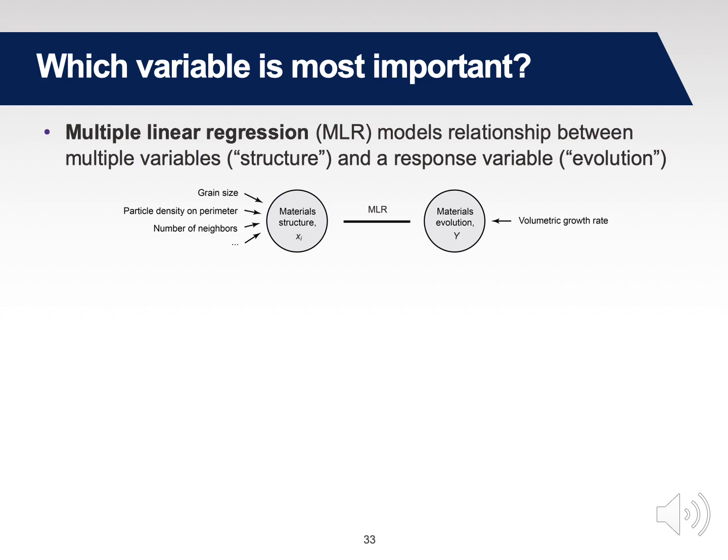Which one of these factors determines the volumetric growth rate? The statistical tool we use is multiple linear regression, which models a relationship between multiple variables, which I associate with material structure here, to a response variable, which is the evolution of the grain network as codified by a volumetric growth rate.